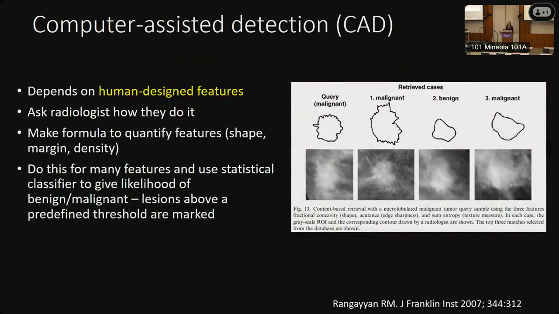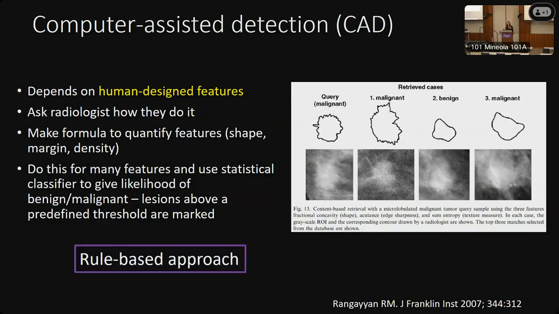So a little history lesson. We started out with computer-assisted detection like 30, 40 years ago, and this was human designed. Basically, the computer scientists asked the radiologists, hey, how do you do it? And I would say, well, I look at density, the shape, the way the mass interacts with its margin, and then the computer scientist would try to build an algorithm, like basically a little equation that it can apply to mammograms.